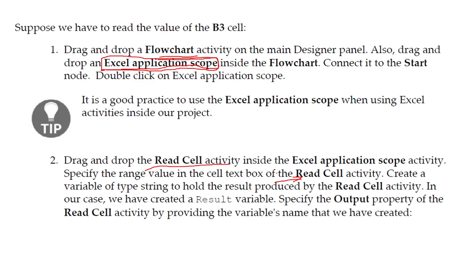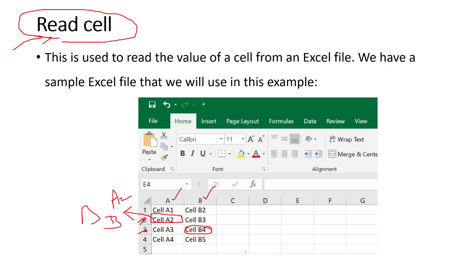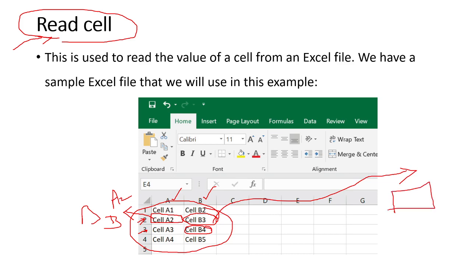Once again I will repeat the objective. Let us assume there will be an Excel file like this with some values. We need to perform a read operation, particularly read some cell, and finally the value read from the Excel file should be displayed using a message box.